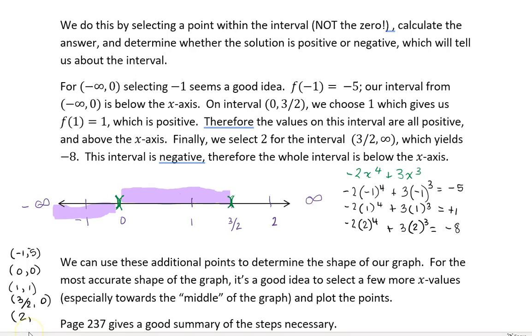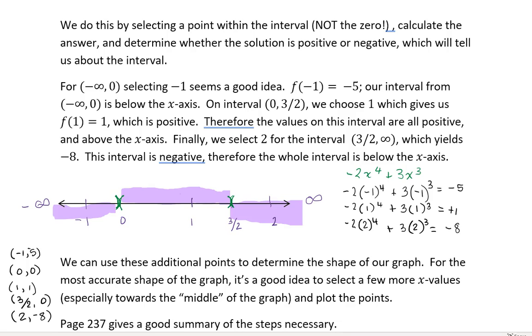So my ordered pair here is going to be (2, -8). That's negative, so this section is going to be negative as well.